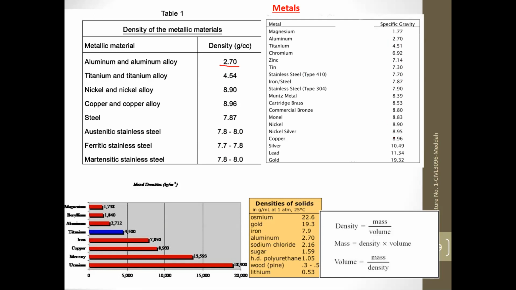You can see here, you even have some metals like lead, silver, gold, 19.32. And the lowest, you can see, magnesium has low density along with aluminum. So only these two most commonly used metals have a low density, but all other metals have a high density, as we just said earlier.